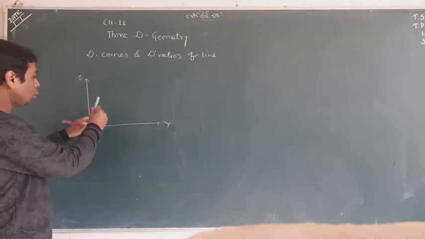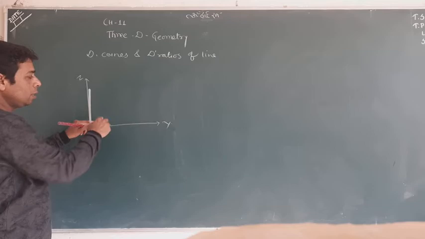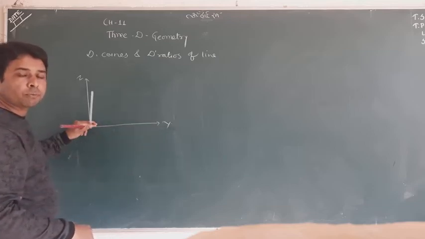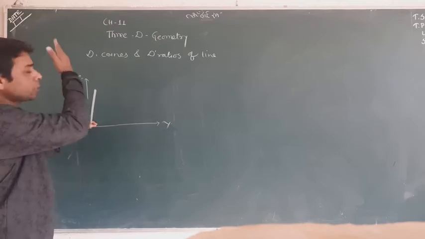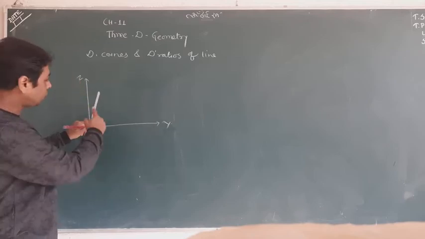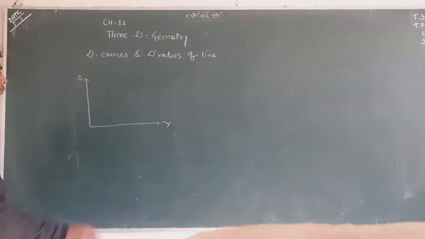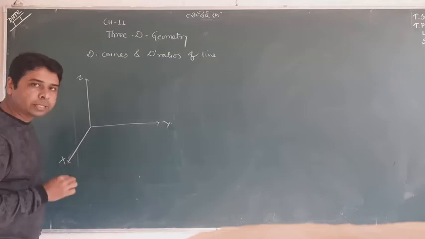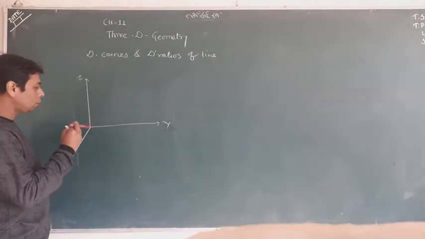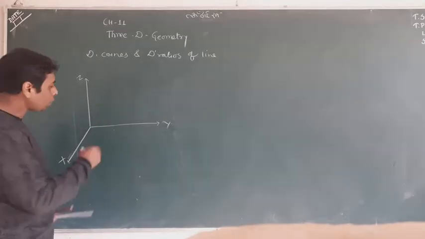This is alpha, this is beta and this is gamma. These are the positive directions of the axes: positive direction of the x-axis, and positive direction of the y-axis, and these angles are called alpha, beta and gamma. I already taught you this. For the x-axis I will draw it this way because I can't draw it otherwise.